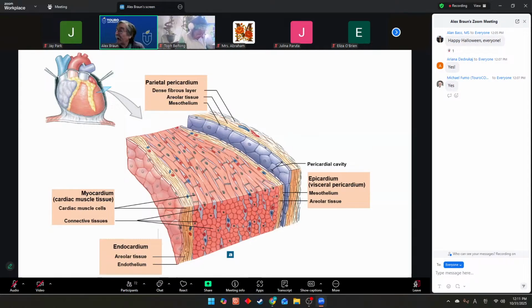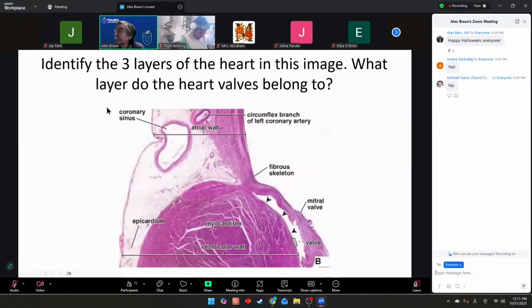Okay, there's some other details in this image here, which you could look at on your own. You've seen this image before, but it does nicely summarize a number of things that we're going to be talking about today. Here's a cross-section of the heart, and just by looking at this quickly, I can see three layers of the heart. By the way, all the images I'm showing you today have been presented within our classroom materials, mostly within the lab.